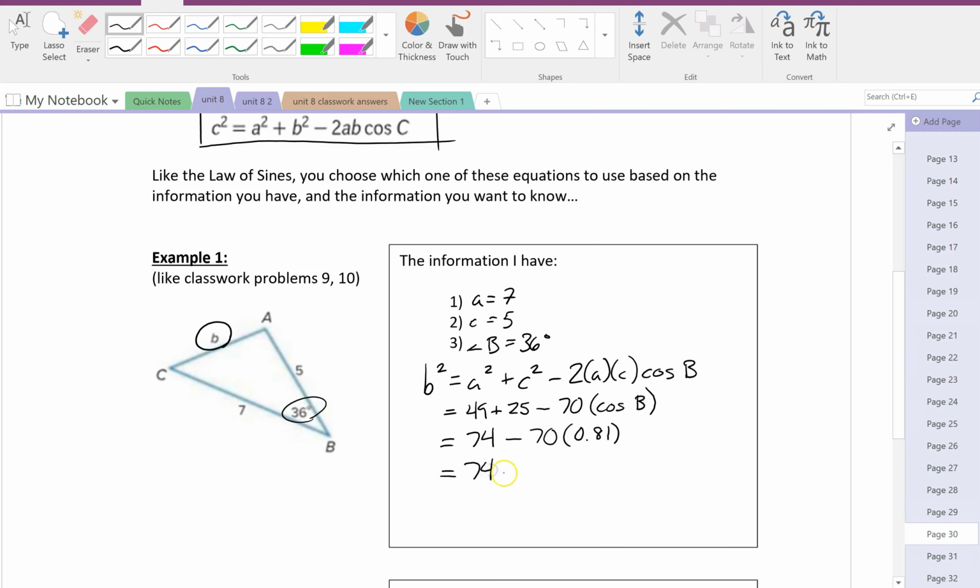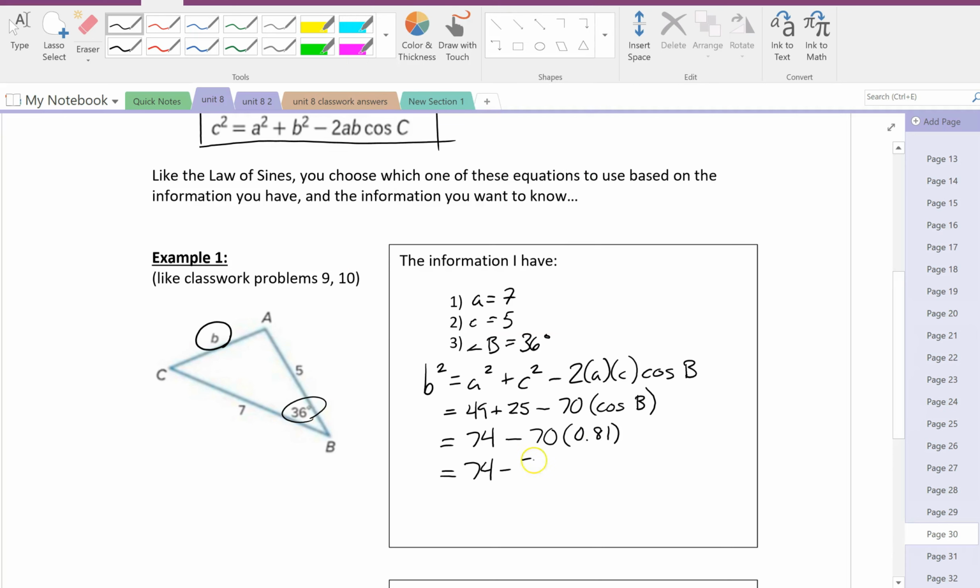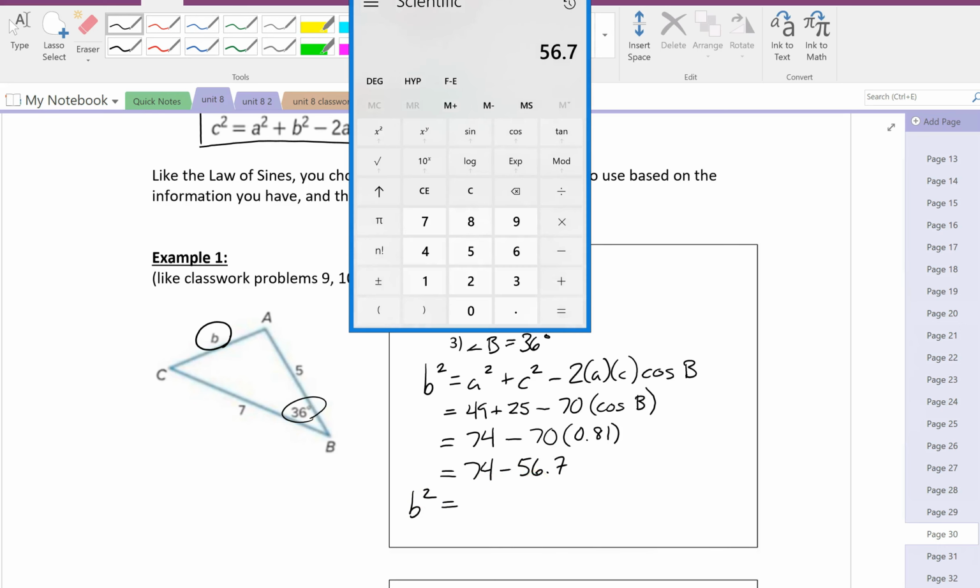So 74 minus 70 times 0.81 is 56.7. All right, so B squared equals 74 minus 56.7.